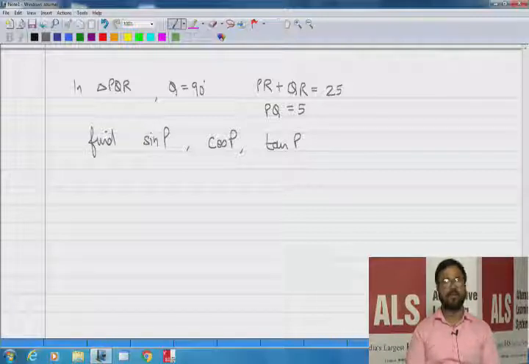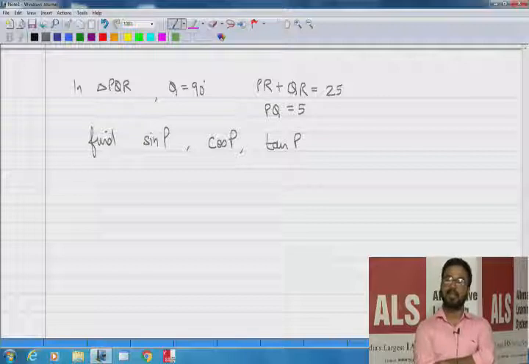Draw the right angle triangle. Using the Pythagoras theorem, try to find all the three sides. In every question, you have to draw the right angle triangle. QR is not given, you have to find.